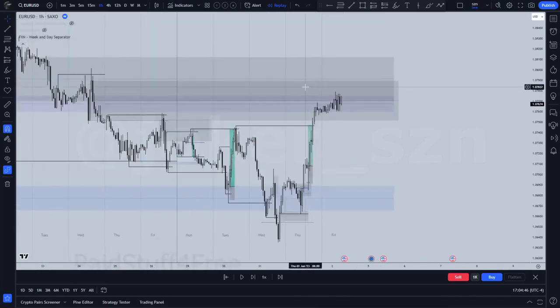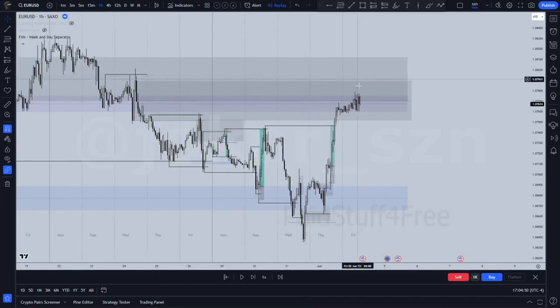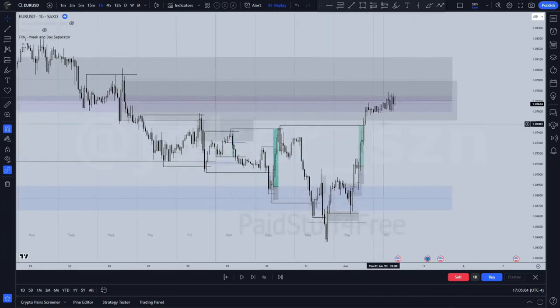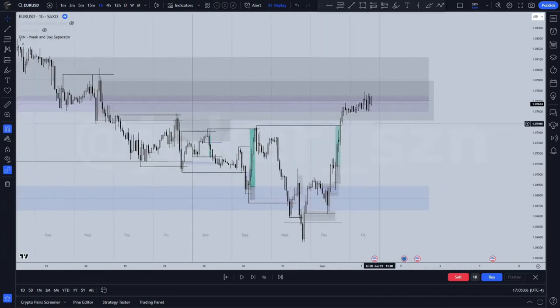If NFP is able to push price above and we get a close above here, we then have a bullish shift in order flow on the daily. If we respect this level, then NFP will send it down here. So at this point we don't have a clear bias, so we will just let NFP play out and see what daily close we get, right?